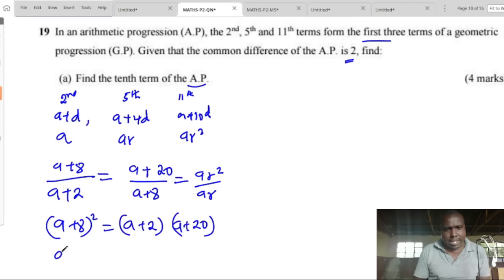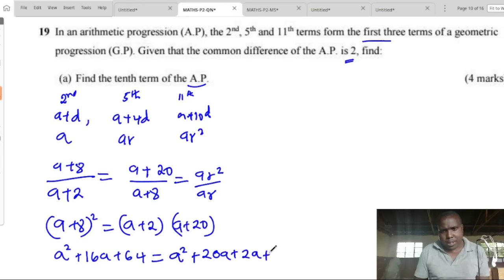This is A squared plus 16A plus 64, equal to A times A, that is A squared, plus A times 20, that is 20A, plus 2 times A, 2A, plus 2 times 20, which is 40.